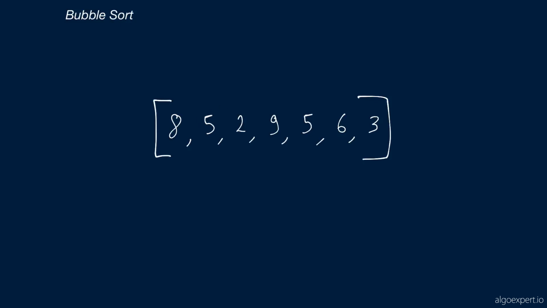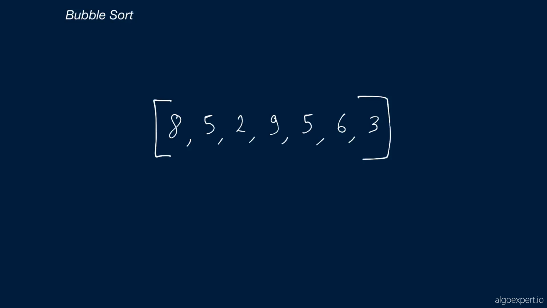We check if these two numbers are in the correct order. In other words, is the current number smaller than or equal to the next number? Are they sorted? If they are, then we just disregard them and move on to the next number, and we continue traversing the array, checking if numbers are in the correct order.